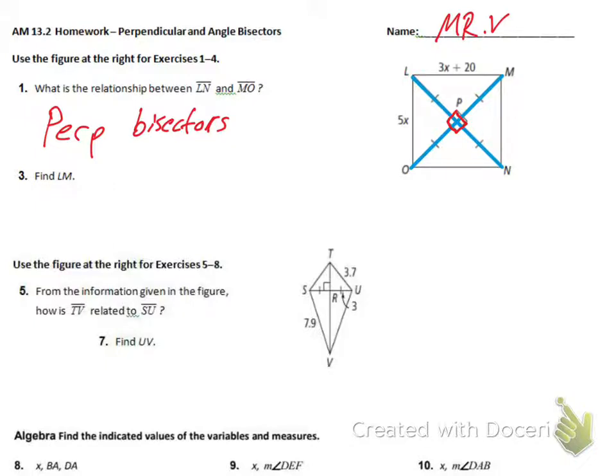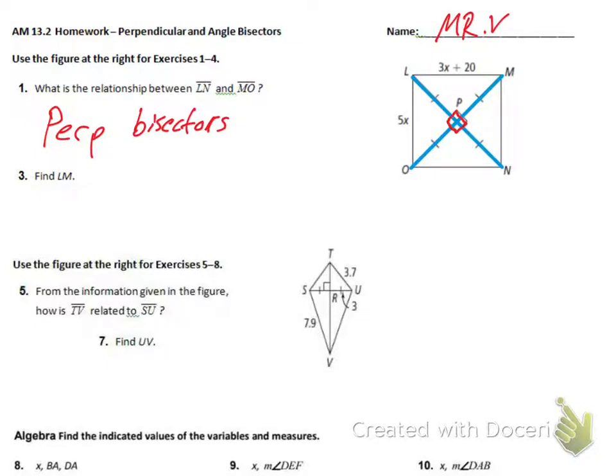Now, if it was, say, for example, that angle was bisected, then you would know it was an angle bisector, but it's not. It is a perpendicular bisector.